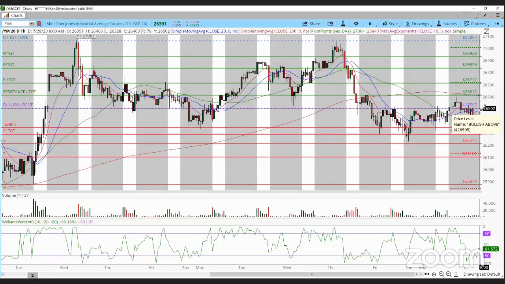Definitely, we're going to look for the 26,500 area to be bullish above. In the meantime, the price is going to have a very hard time pushing higher. So we're going to have a very neutral approach to the trading session today, because we're sitting on the first level of support, the second level of support, and pretty much the third level of support that we have right here.